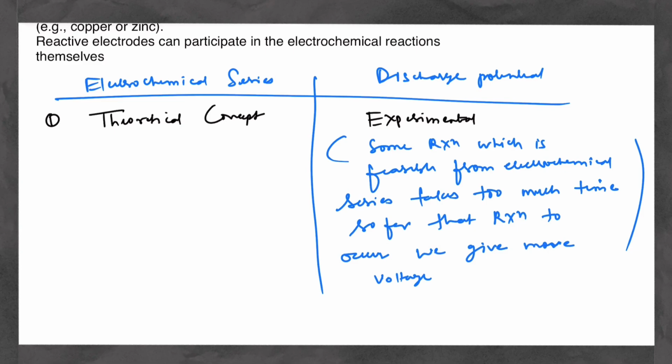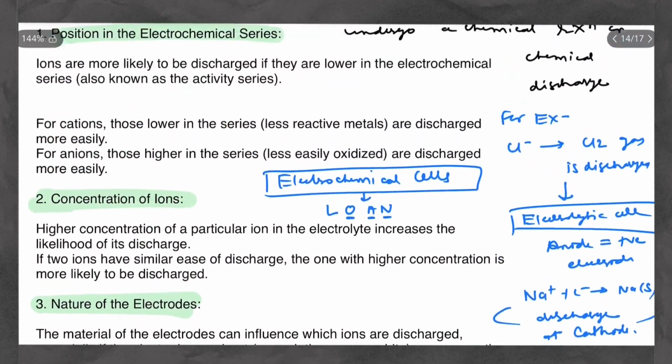There can be more differences, but this is the main concept: experimental data is always different from the theoretical concept. The theoretical concept just tells that if the element gains or loses an electron, it will have that much voltage. It doesn't take into consideration other factors which we are going to discuss here.